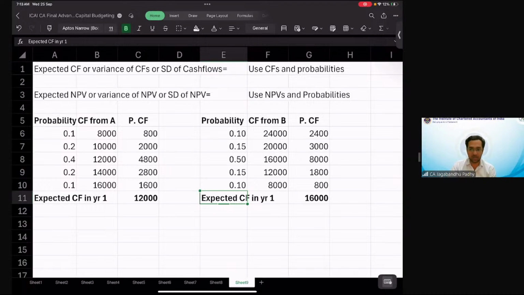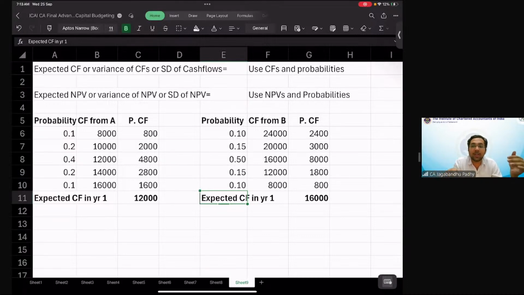Remember, this is not the expected NPV. This is the expected cash flow that we have in the first year. Now, if I want to compute the NPV, of course, the NPV will also not be an exact NPV. Since we are going to take the expected cash flow, what do you think the NPV will be called? Are we going to call it a 100% sure NPV? No, sir.